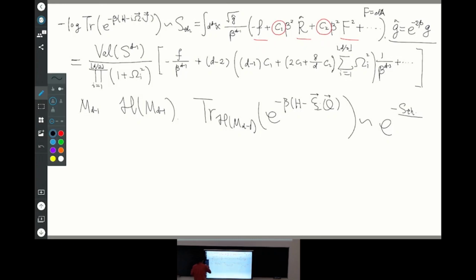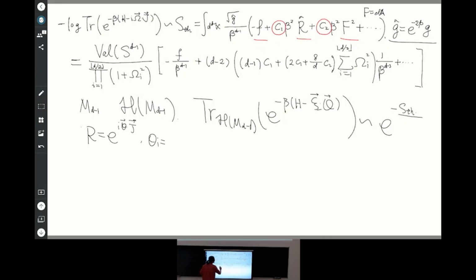Now, remember, for me R is really e to the i theta dot j, where all the theta i's are rational multiples of 2 pi, of the form 2 pi p_i over q_i. So you might be tempted to say, why don't I just set beta omega to be theta?